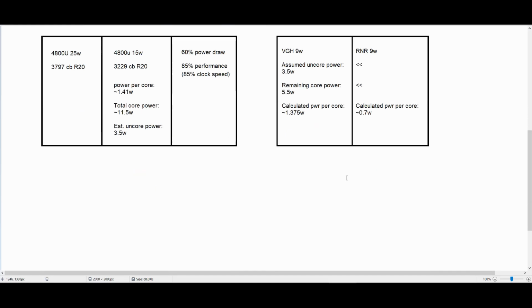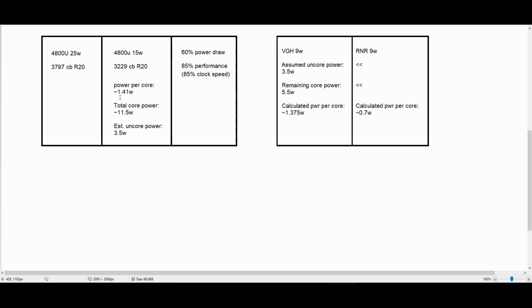And if we look at the numbers for Renoir, the per core power draw at 15 watts is about 1.4 watts, and at this power draw we're running at a clock speed of around 2 to 2.3 gigahertz.